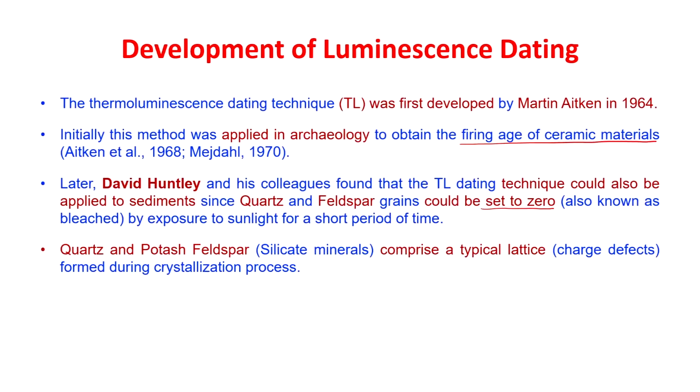Quartz and potash feldspar, both silicate minerals, comprise a typical lattice, and this is what we call charge defects. This lattice depends on the crystal form, and it is usually formed during the crystallization process, when we talk about the eruption of magma, or the lava flow and all that, just the cooling effect.